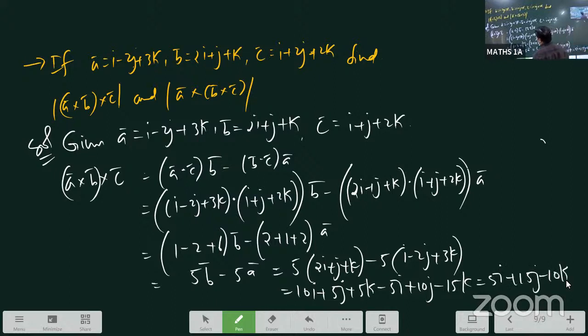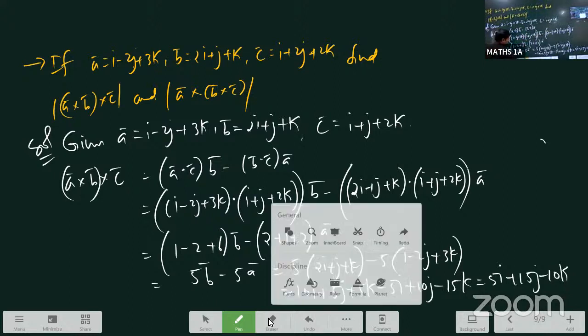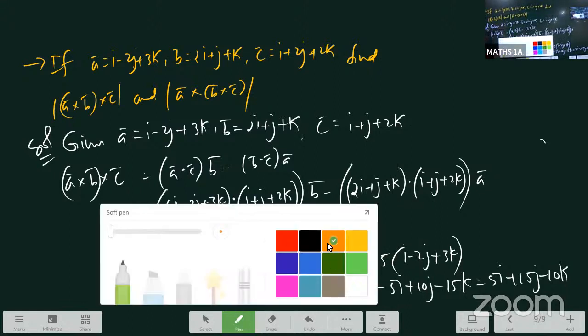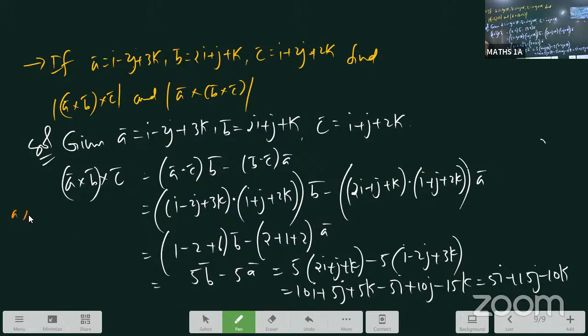This is what a bar cross (b cross c). Just now I gave the definition of vector triple product. Is it clear? In vector triple product, see here, it says a cross (b cross c). Now you are going to write it as (a dot c) b minus (b dot c) a.